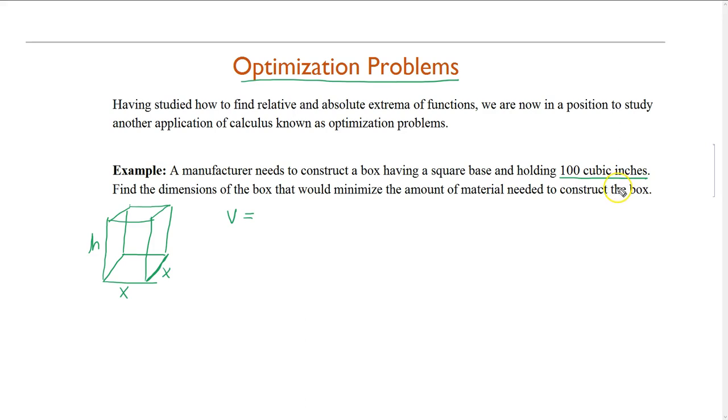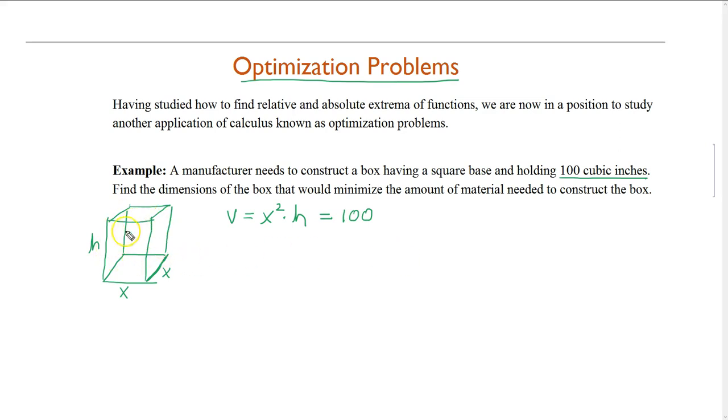That's a volume. So the volume of a box is length times width times height. So in this case, our length and width are both X and our height is H. So our volume is going to be X squared times H, and that is supposed to equal 100. So we'll set that to 100.